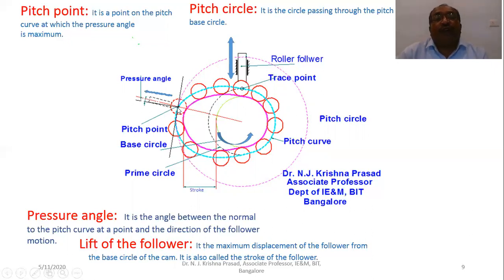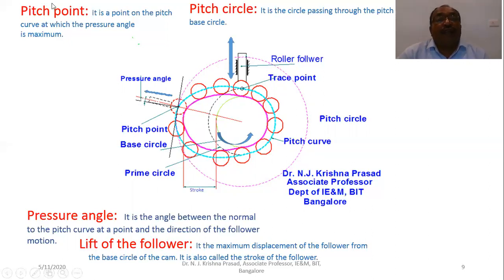Pressure angle should not exceed 30 to 35 degrees. If it exceeds this, the follower jams when it reciprocates in the bearing.